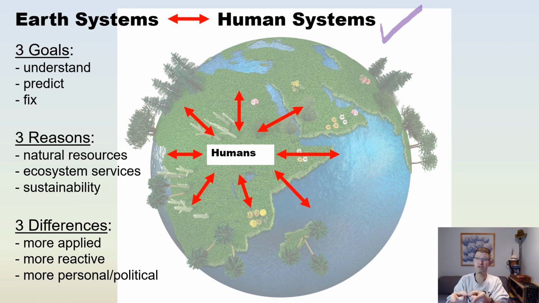So I drew this picture here for you, thinking about the system of the Earth and the system of the humans, with all these lines showing them interacting in two different ways.